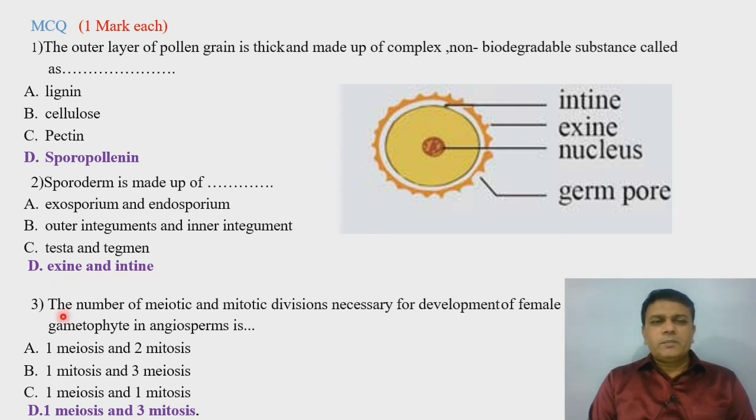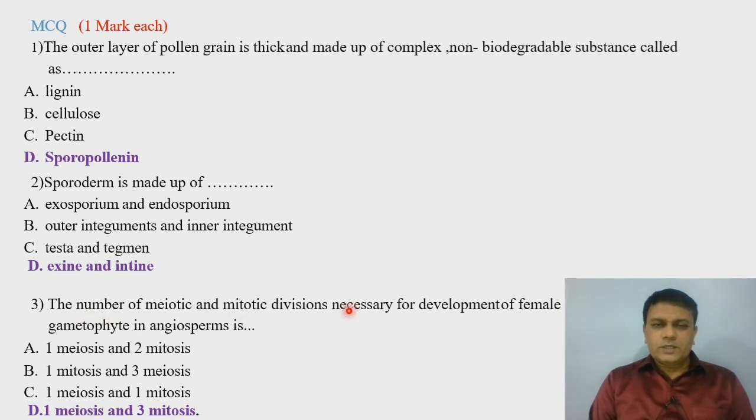Then the third multiple choice question is the number of meiotic and mitotic divisions necessary for development of female gametophyte in angiosperm is.